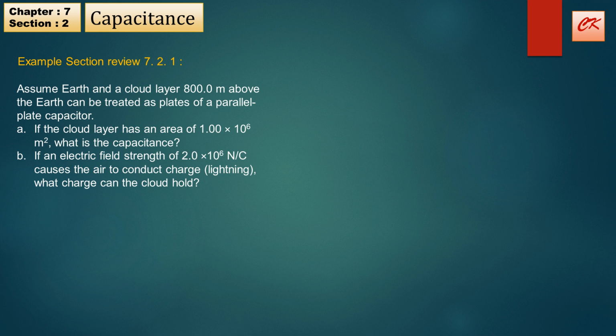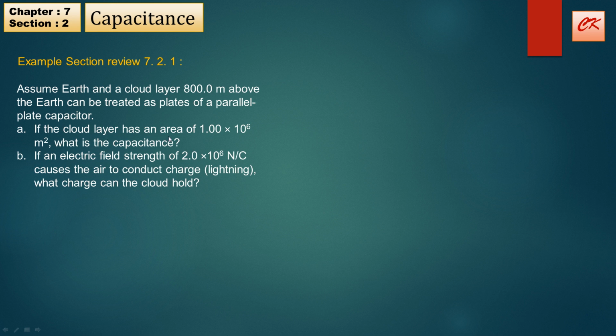Sometimes they produce lightning between them. If the air is not dry, if there is a rainy day, this charge can flow from Earth to clouds or clouds to Earth. So here it described that clouds and Earth behave as a capacitor.